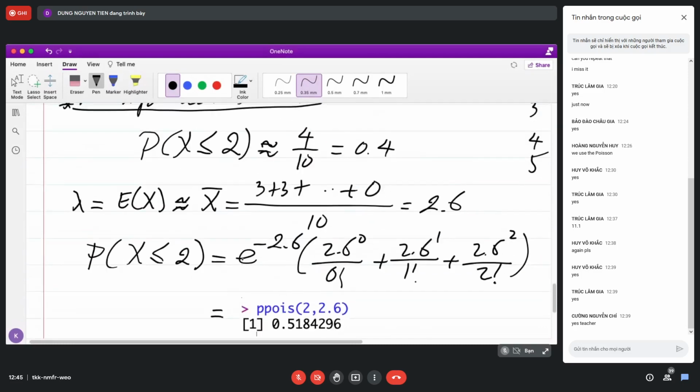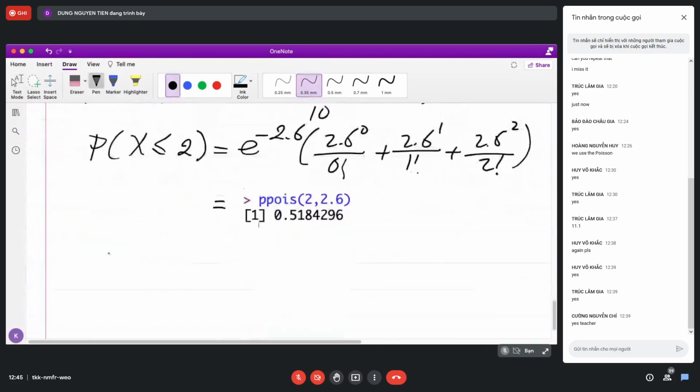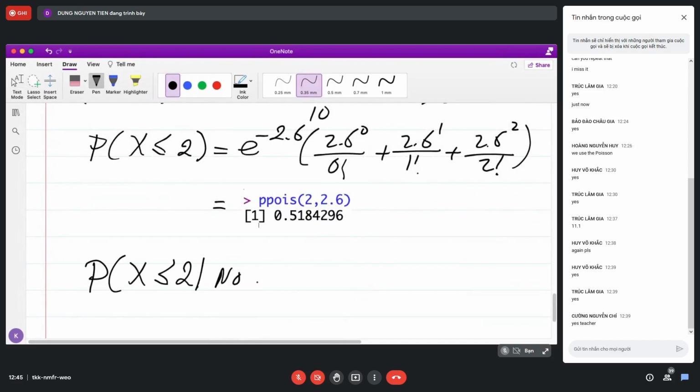It is greater than the value you obtain up here. If you have no information about the distribution, then that probability is 40%. If you know that the distribution is a Poisson distribution, it is 51%. So I can say that the probability that x is less than or equal to 2, given no information, equals 40%.